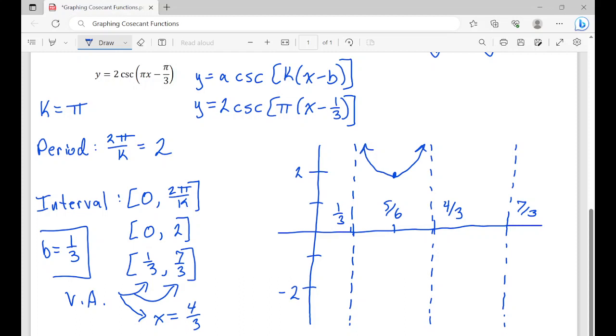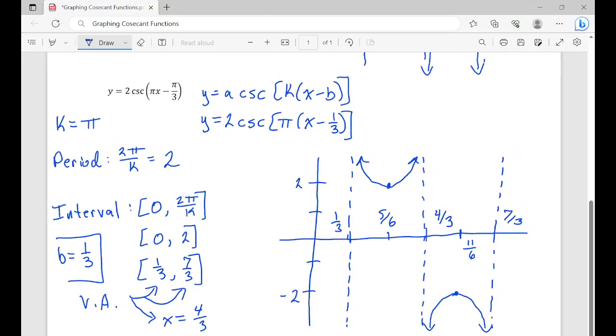Like so. And then right here, I know it's going to be right in between 4/3 and 7/3. So right here, and this is going to be 11 pi over 6 right here. And it's going to go as high as -2. And then just draw the curve for this graph. And there we have the curve, the graph for this cosecant function.